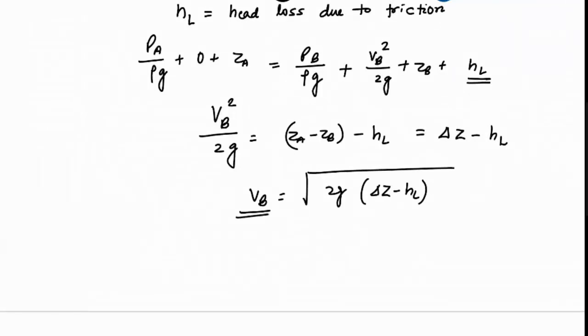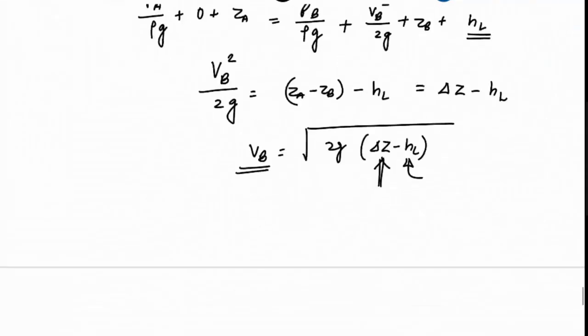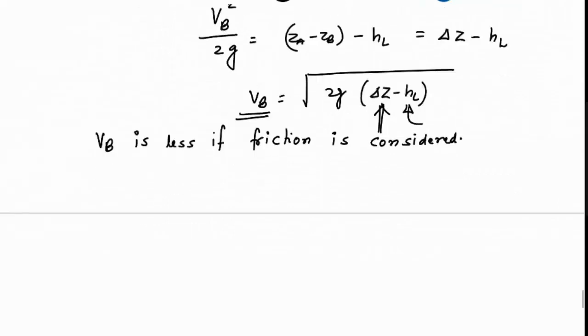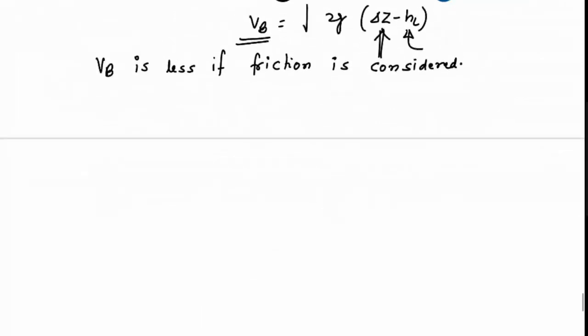That makes sense because there is a reduction in the actual head available because of the friction, and that's why VB is less, as expected. So if you consider friction, you will have a smaller velocity.